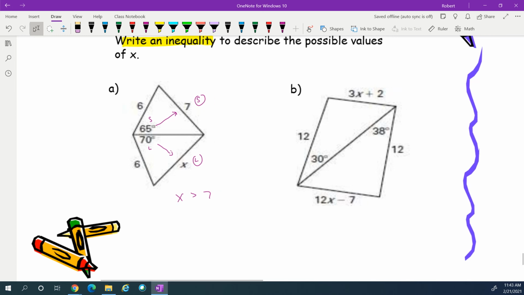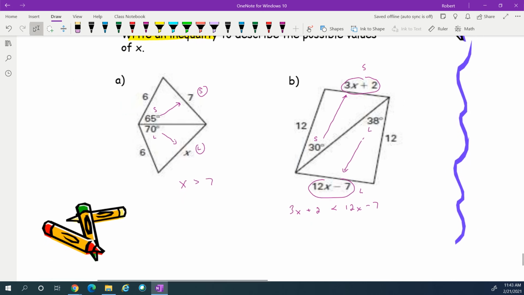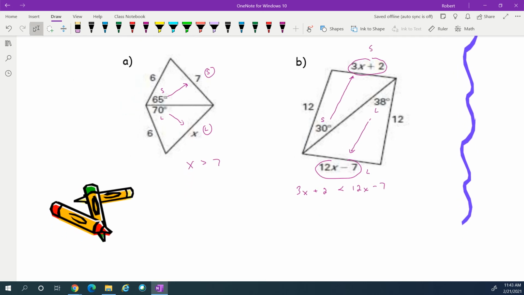In our last question, again, we have our 2 angles. 30 is smaller than 38. So the side opposite 30 is smaller than the side opposite 38. So 3x plus 2 is less than 12x minus 7. And we're going to have to use some algebra skills here to solve for x.